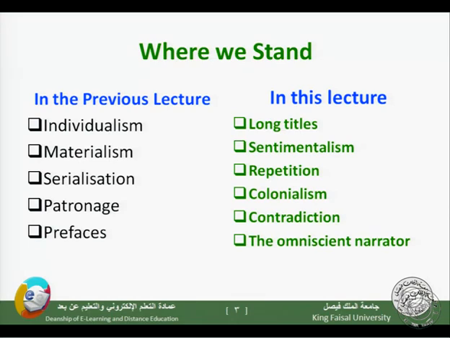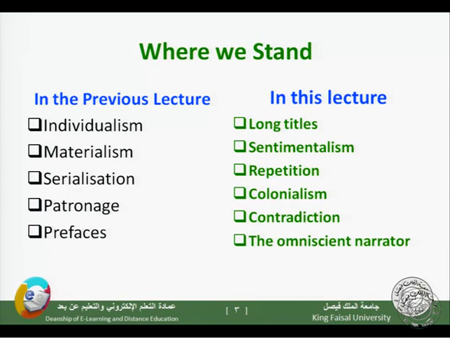Contradiction is the same as repetition. The writer could not manage the information he gave us in the novel, so he sometimes said something and then he contradicted himself. I gave you certain examples and we will have more later. The omniscient narrator is the one through whose eyes the novel is narrated.